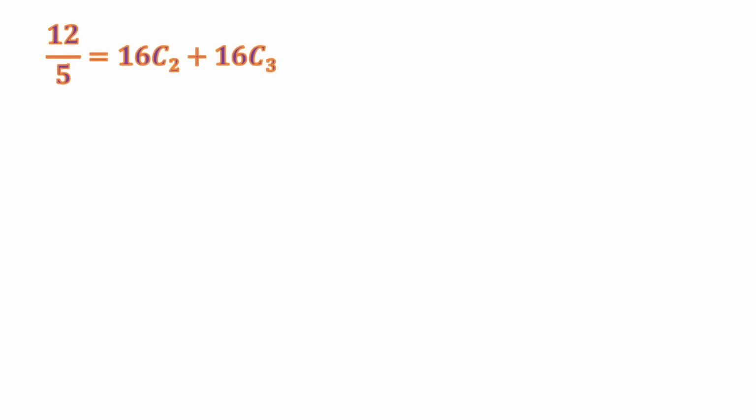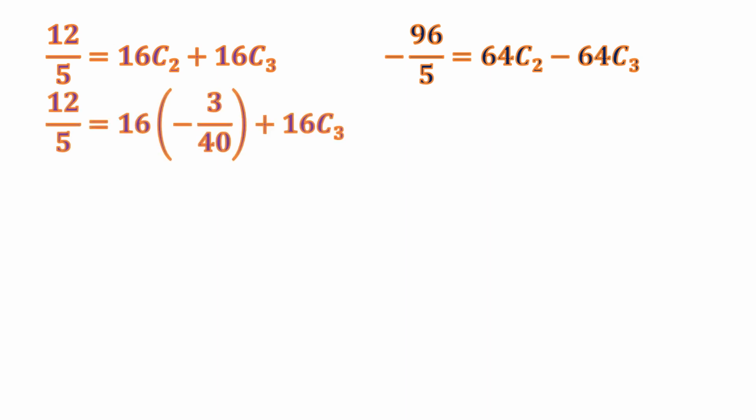And now since we know that C2 is negative 3 over 40, we're going to use these two equations to get the C3, and also to make sure that we have the correct solution. So it must be the same answer. So let's change C2 into negative 3 over 40. So this will become negative 6 fifths.